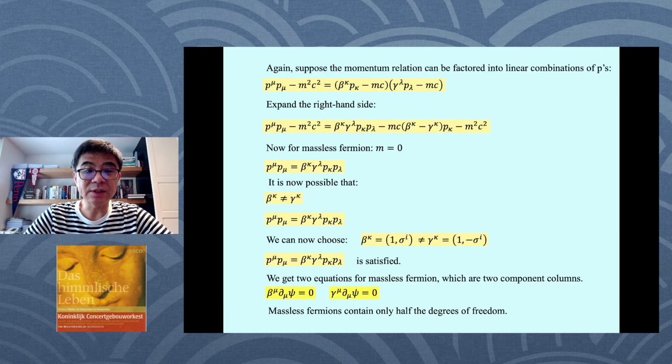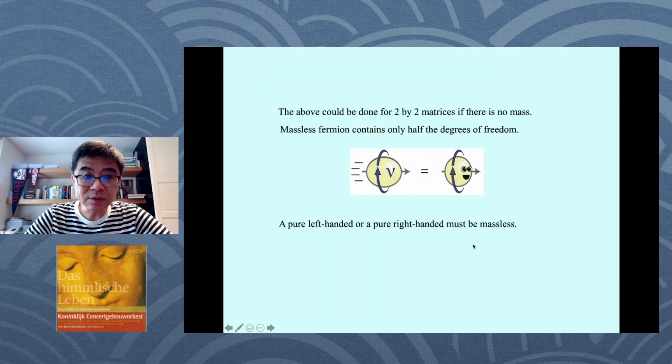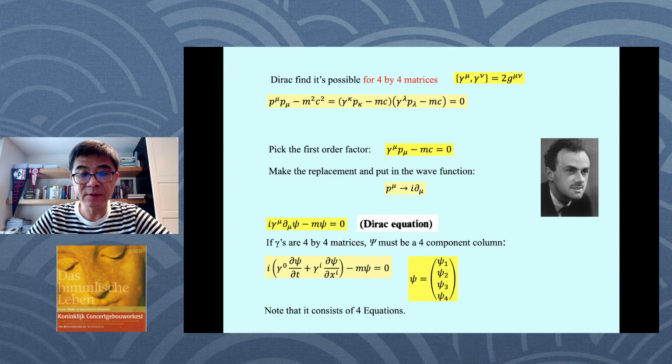So today I'll probably stop here. So today we did two things. First, we get the Dirac equation. Now, the Dirac equation is for a bispinor because the wave function has four components.